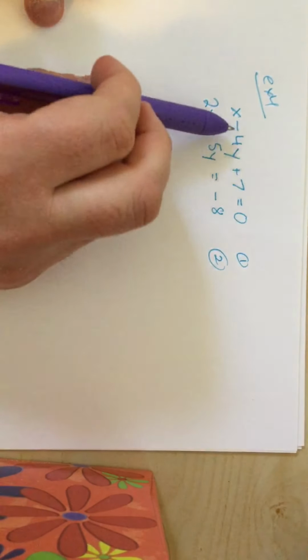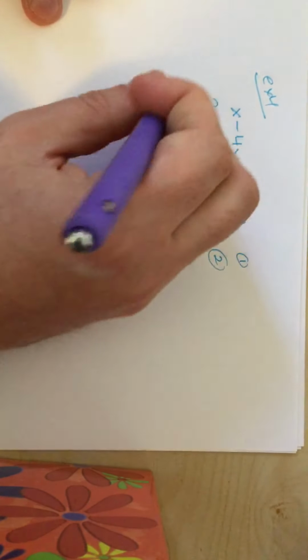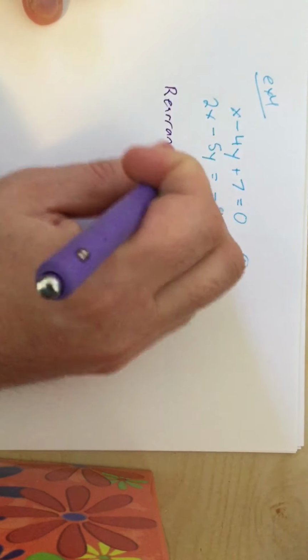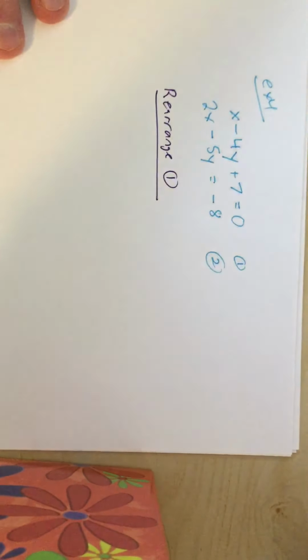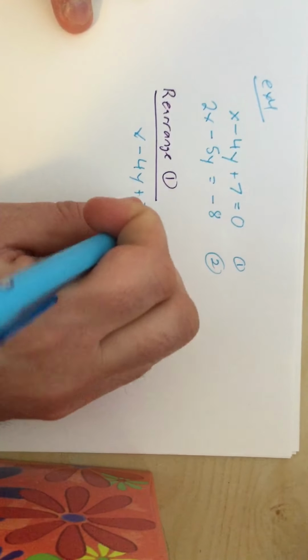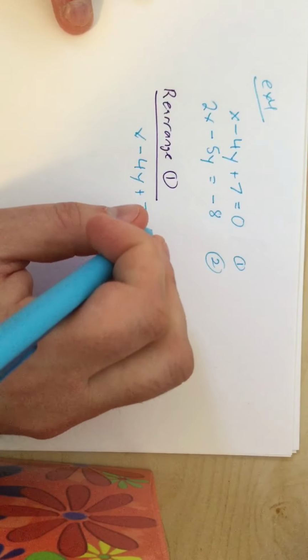Which am I going to isolate? This x is looking pretty alone, so I'm going to rearrange equation number 1. So x minus 4y plus 7 equals 0.